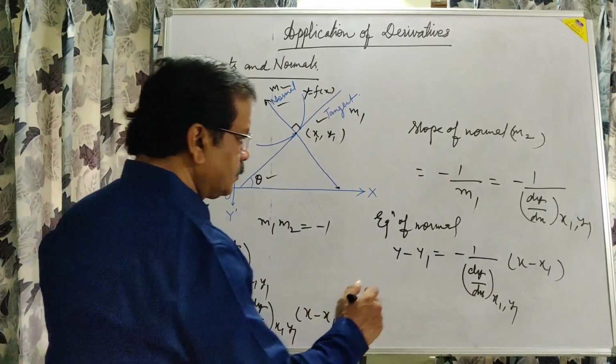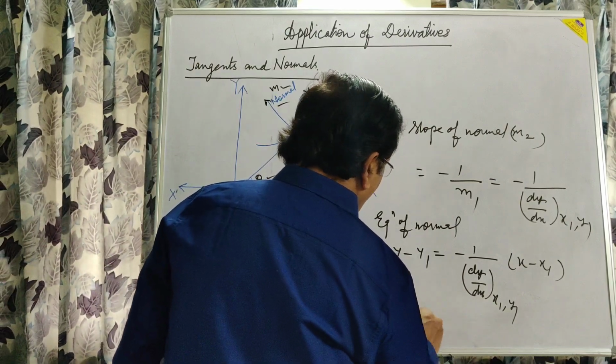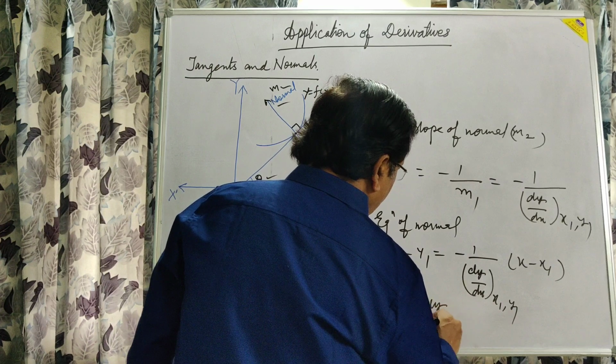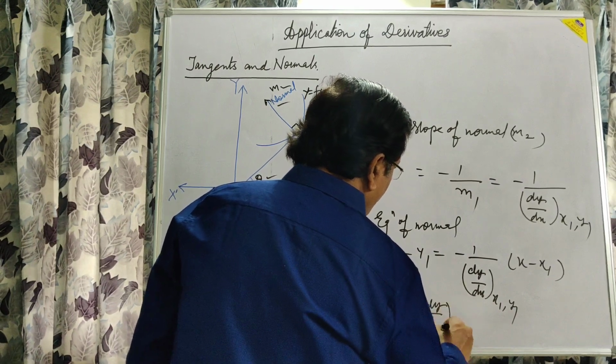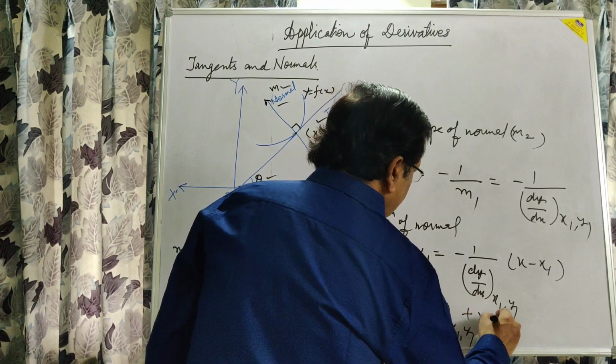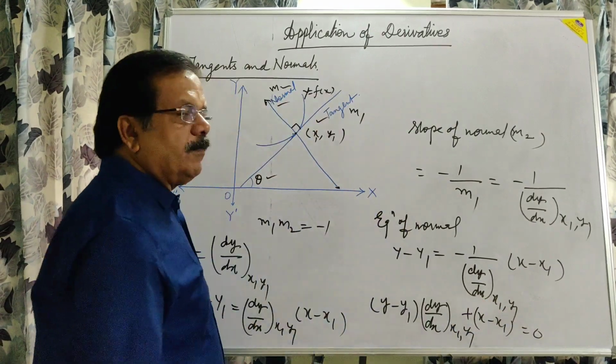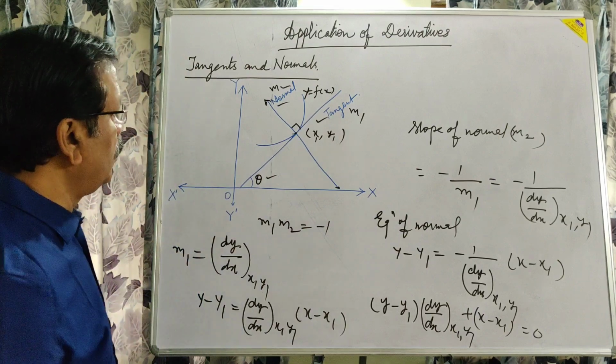Or you can cross multiply and change it into another form: (y - y1) dy/dx at (x1, y1) + (x - x1) = 0. This way we can find the equation of the normal.